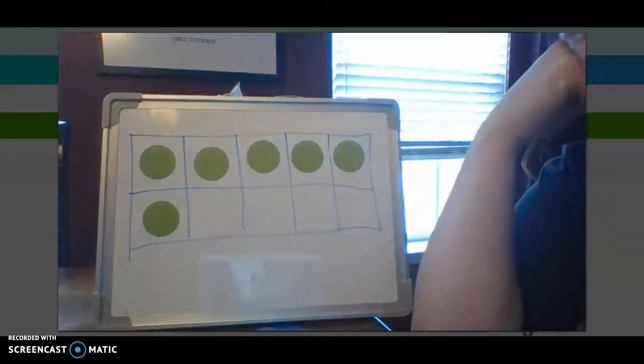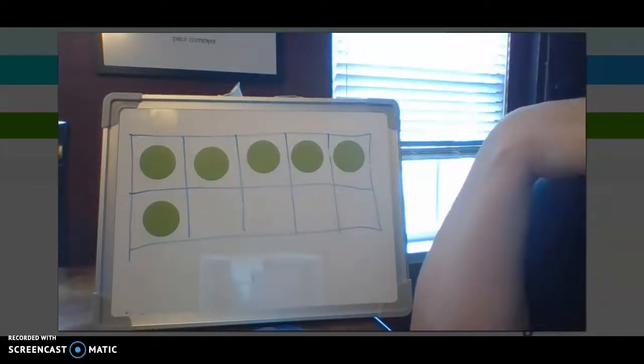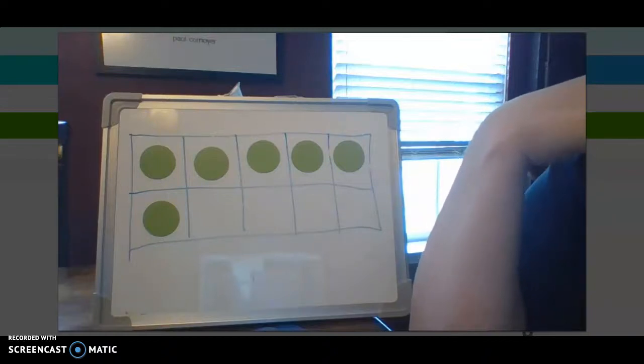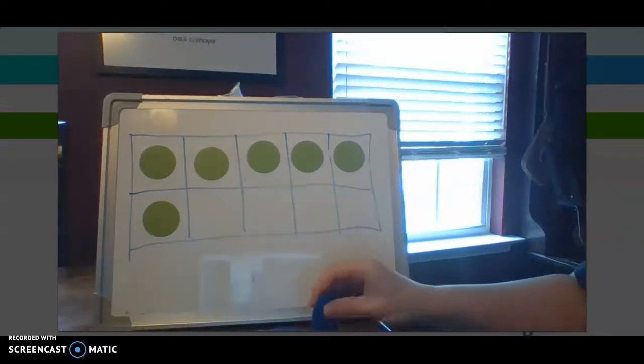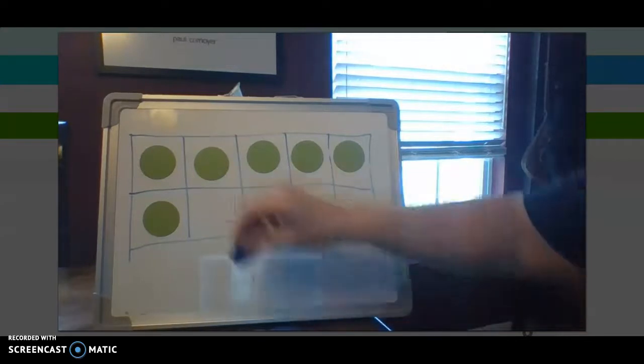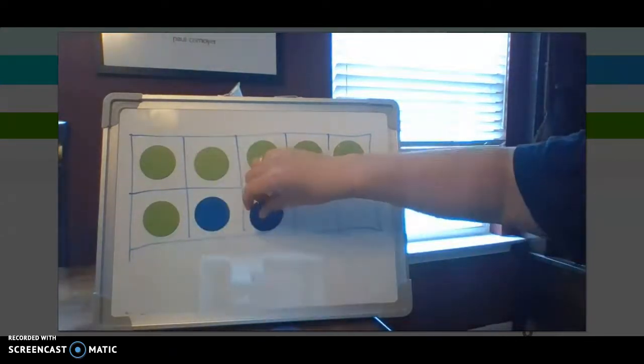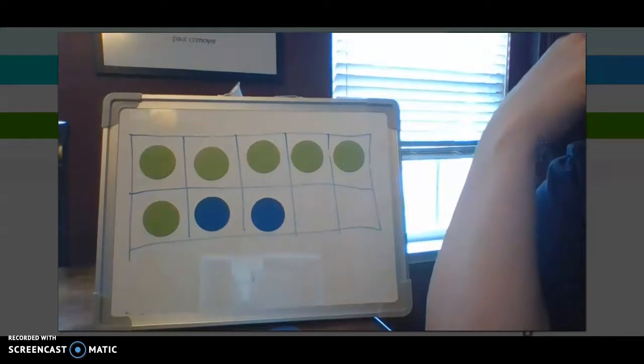So JoJo had 6 Hershey bars. Emily came in to the same store and saw JoJo. And she gave JoJo 2 more Hershey bars. How many Hershey bars did JoJo have now?